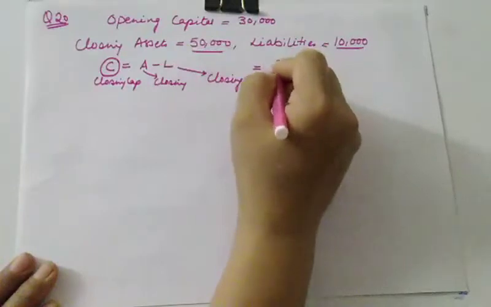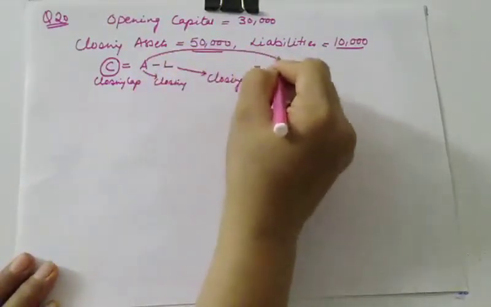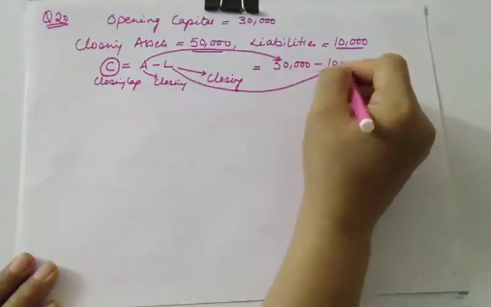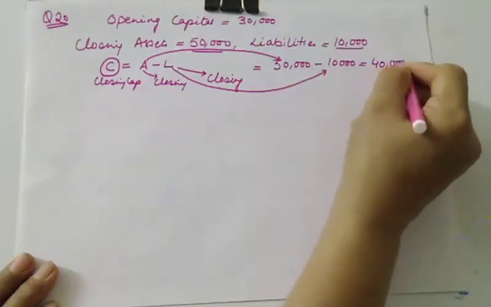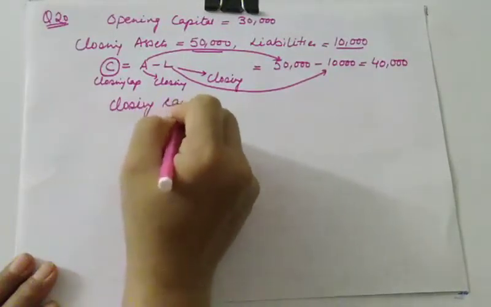Here closing assets are given as 50,000, and closing liabilities are rupees 10,000. So closing capital will be 40,000.